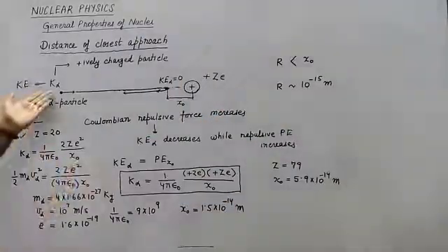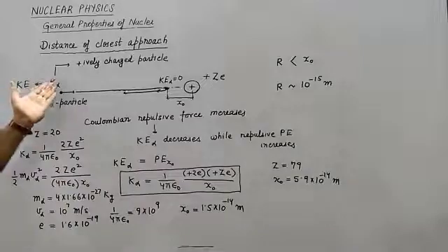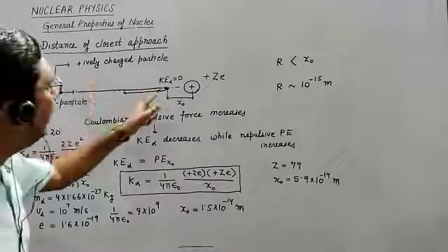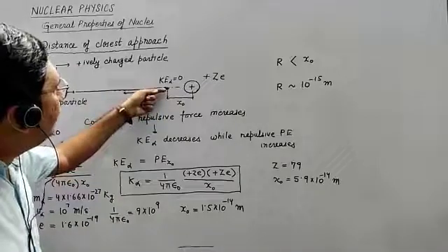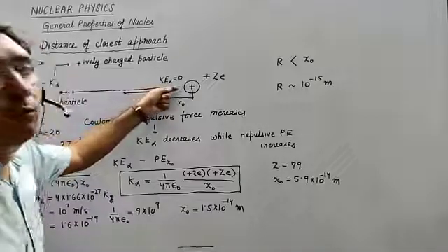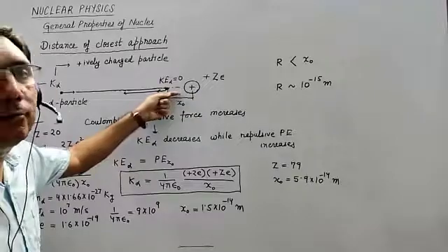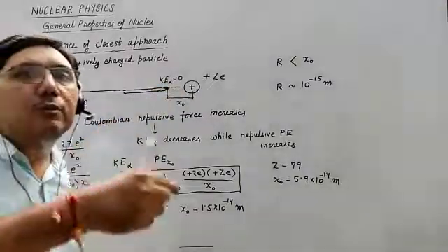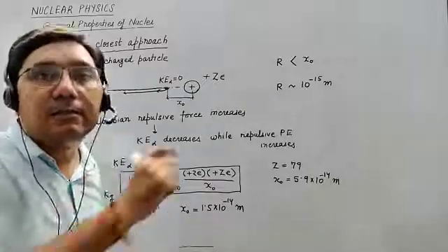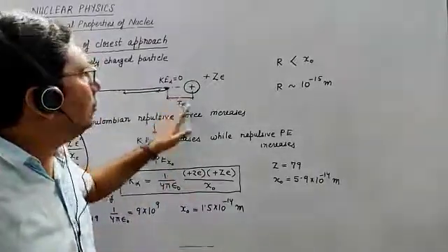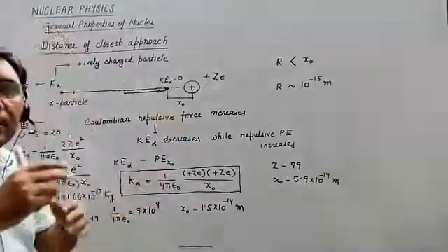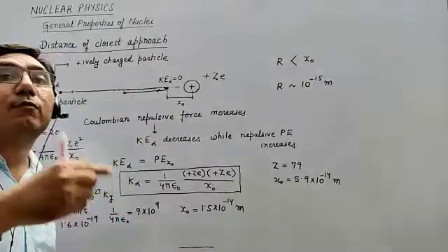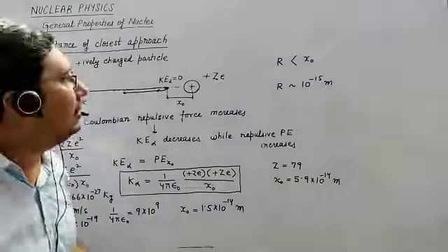If you start increasing the kinetic energy, what will happen? The alpha particle will reach more and more closer to the nuclei. So on this basis, we can find the distance of closest approach for different nuclei, as well as for different values of kinetic energy.